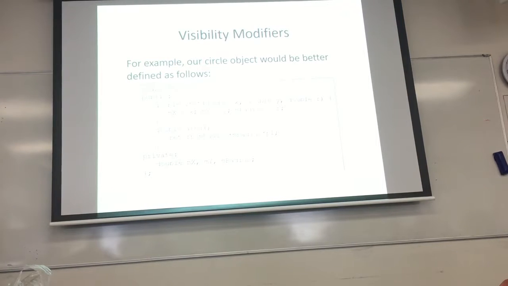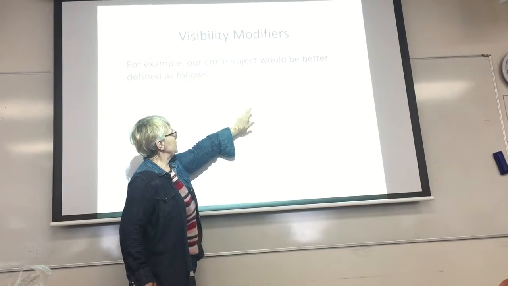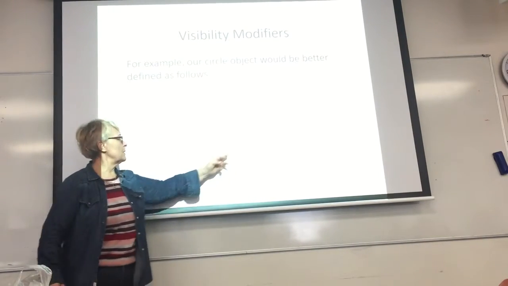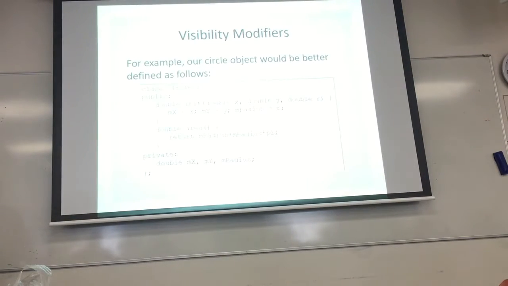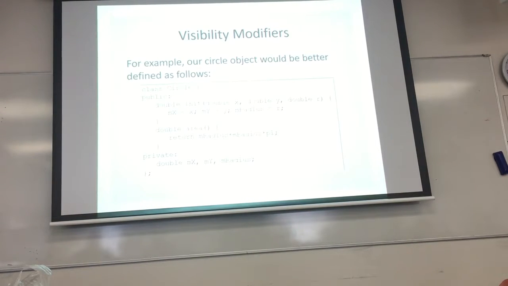And based on those values, notice that this m radius, which is a data member, a private data member in the class, is straight away available to everything in the class, right?